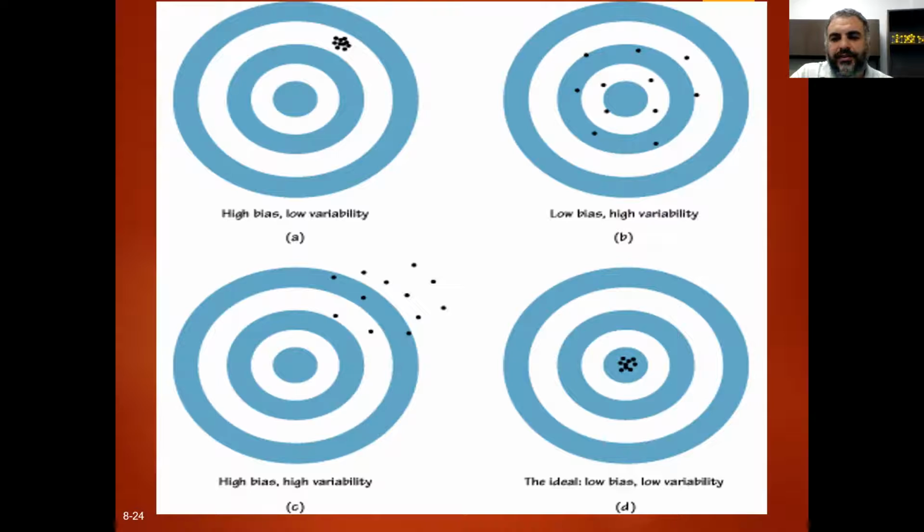Then we have another scenario, with a low bias but at the same time high variability. People know what you are asking about, but unfortunately they might answer the question in different ways. This is usually under the term of validity, and you need some expertise.